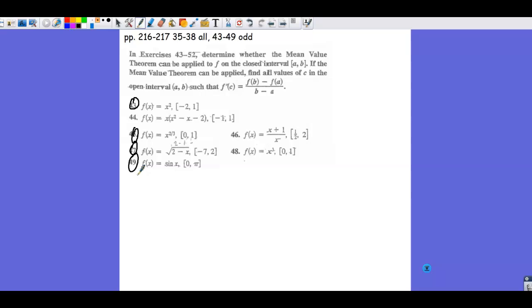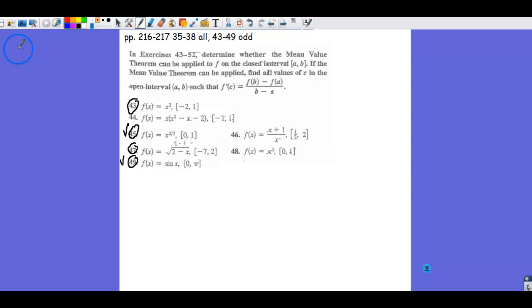I'm not going to do all of these. So I'm going to start with, let's clear that. That's a mess. Clear the annotations. So circle them carefully, Jernigan. 43, 45, 47, and 49. I'm going to do 45, and I'm going to do 49, and then you can use the solutions manual to support you with the other ones.